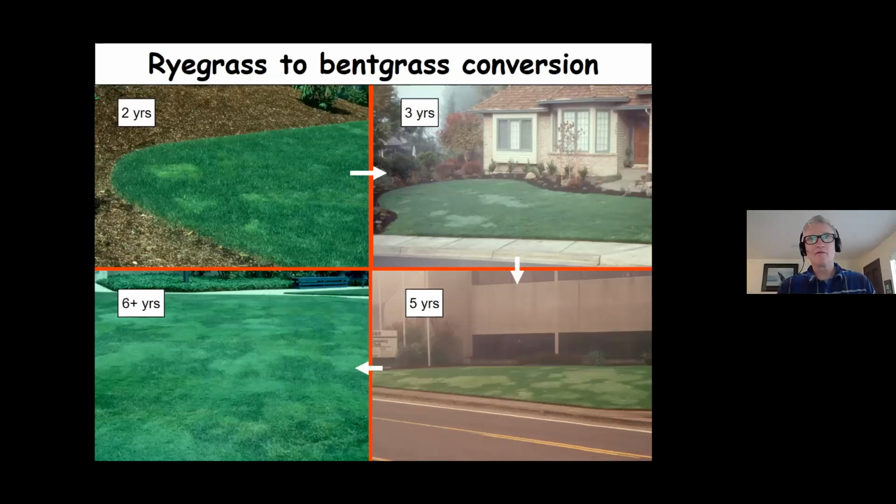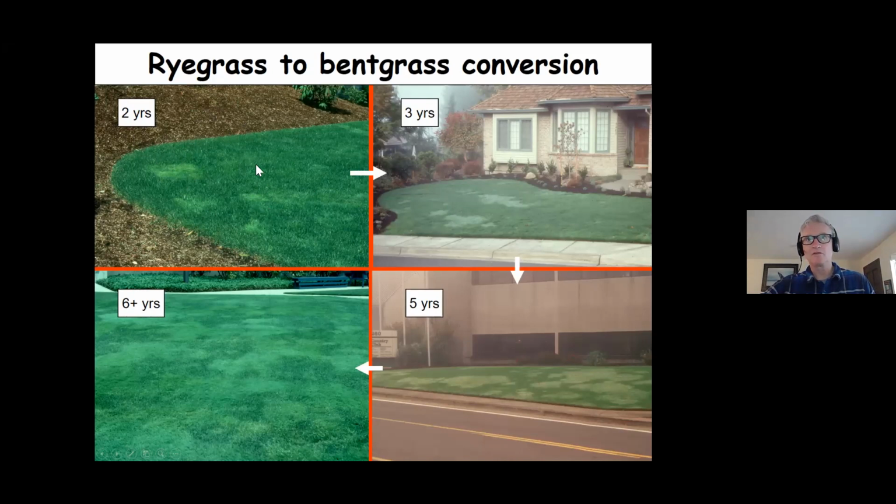Here's one example for you, and that is ryegrass slowly converting to bent grass. Bent grass, like I said earlier, is the kind of grass that's used in putting greens. And in the photos here, it's the lighter green lawn. The dark green here is ryegrass. Looks really good. Bent grass here is lighter. It's a little bit spottier.